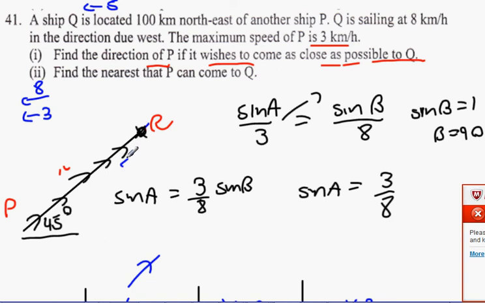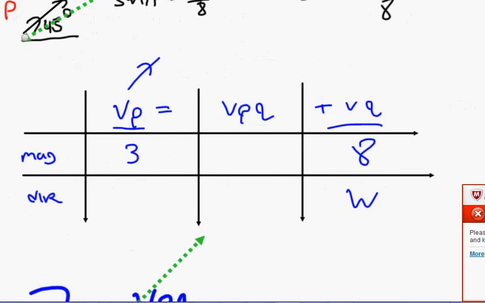Because it's not fast enough. So currently, the velocity of P relative to Q is represented by this green line here. The bigger this green line is, the closer it'll actually get to Q. So that's the visual representation of what's going on.